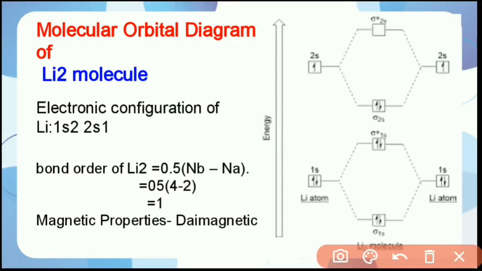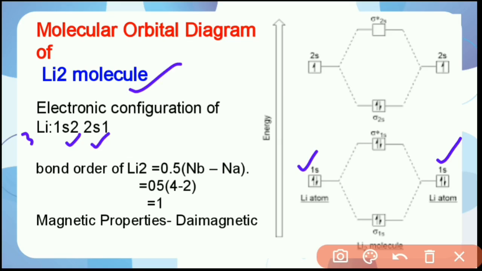Molecular orbital diagram of lithium molecule. Let's see the electronic configuration of lithium. Lithium atomic number is 3. Its electronic configuration is 1s2 and 2s1. Let's see the MOT diagram. Here in 1s, 2 electrons are present, and similarly 2 electrons are present in the other lithium atom.